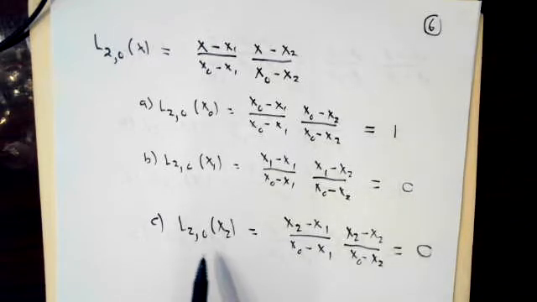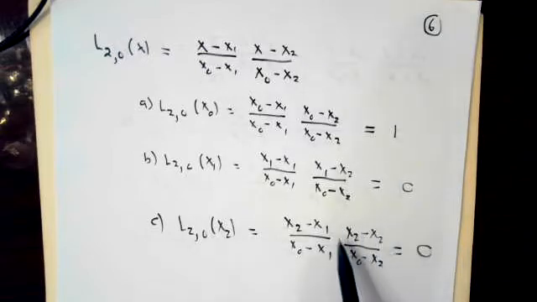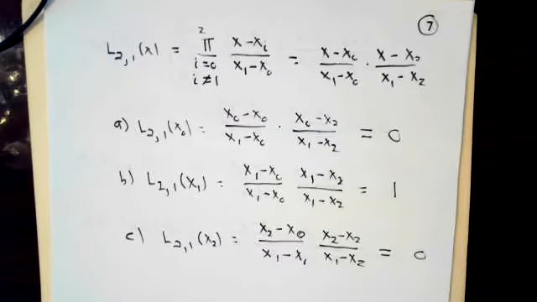In L2 comma 0 evaluated at x2, here I'll have a factor in the numerator of x2 minus x2. That makes the entire product equal to 0. So in L2 comma 0, if I evaluate at x0, I get 1. And if I evaluate at any of the other data x values, I get 0.